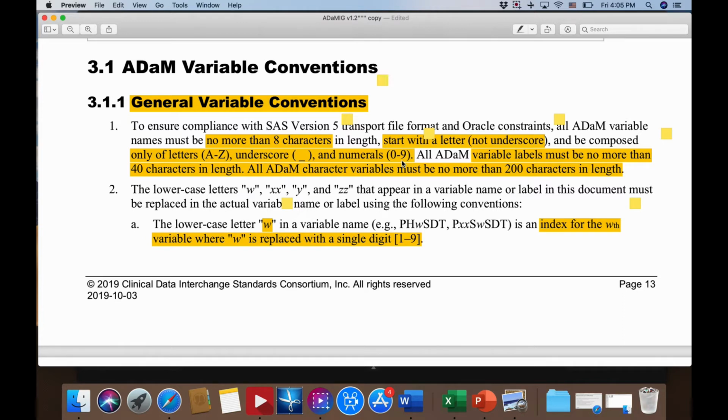The variable label cannot be longer than 40 characters, and for character variables, the length cannot be more than 200 characters.